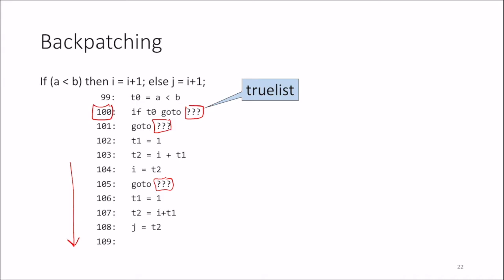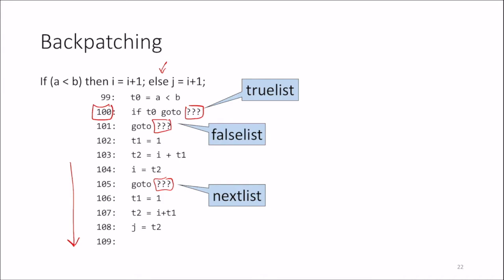We're going to keep these lists separate. So this is called a true list because when it's true, it needs to jump to that location. And this one is the false list because if T0 was false, that's the outcome we want to end up in, right? So if it's false, then maybe it has to go to the else part in this case. Finally, if it's a loop of some kind, then you might want to go back up to the top of the loop, for example.